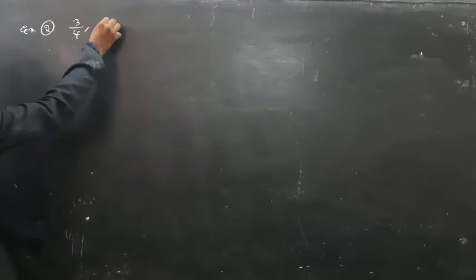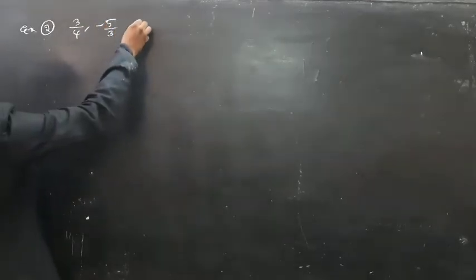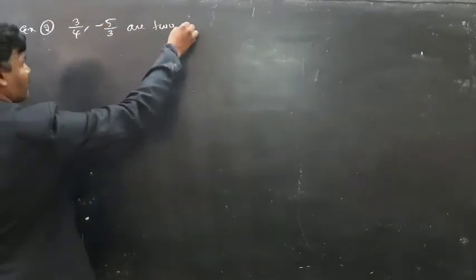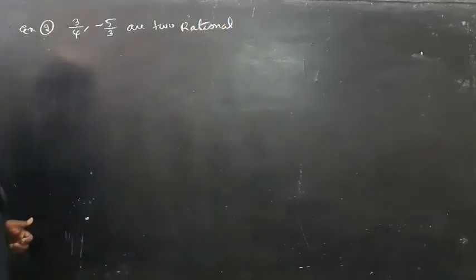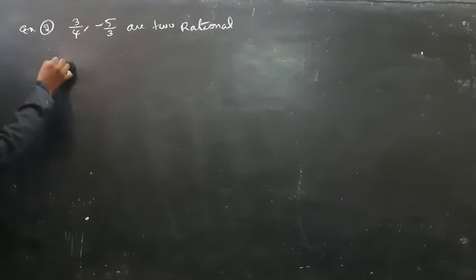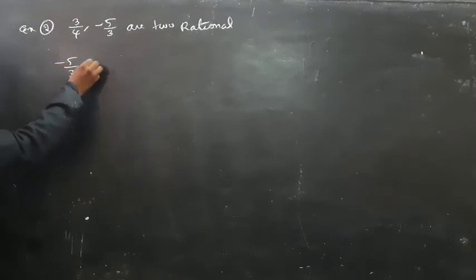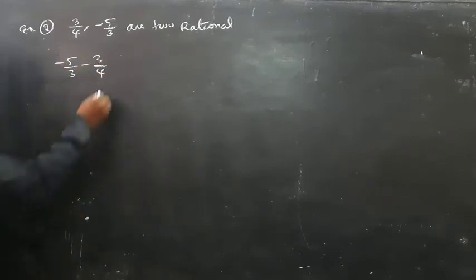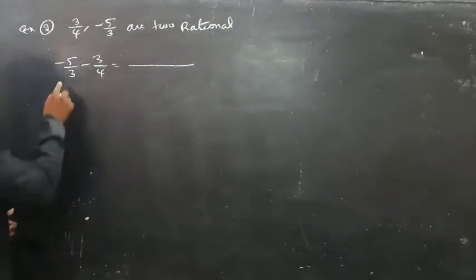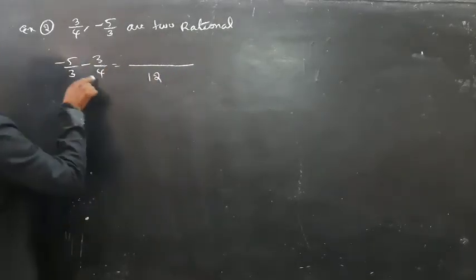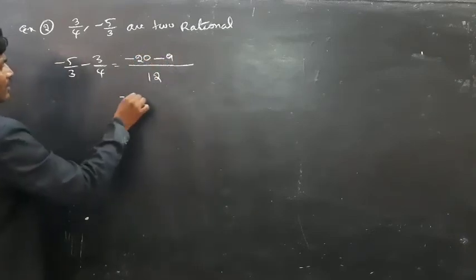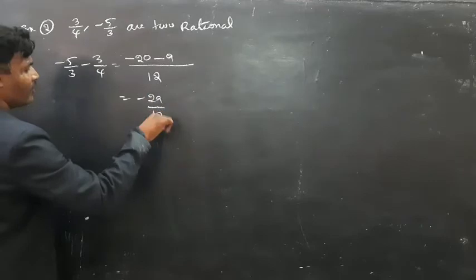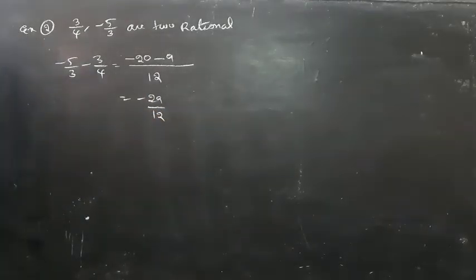Next example. 3 by 4 comma minus 5 by 3 are two rational numbers. Then what I need here? I need minus 5 by 3 minus 3 by 4. So I am going to take LCM. What is the LCM here? 12. It is minus 29 by 12. It is also a rational number.